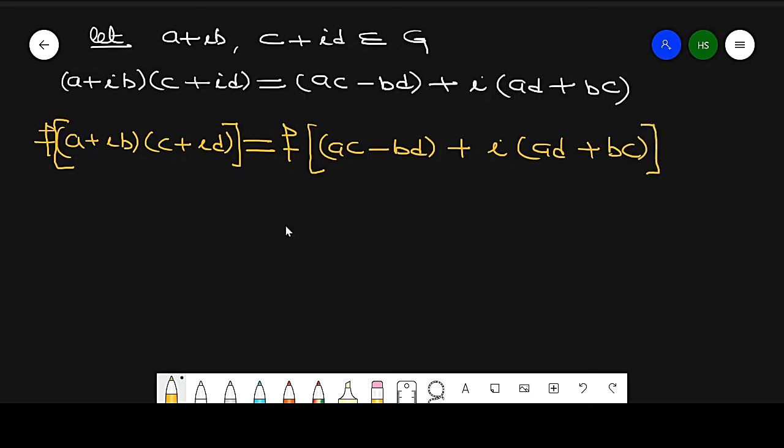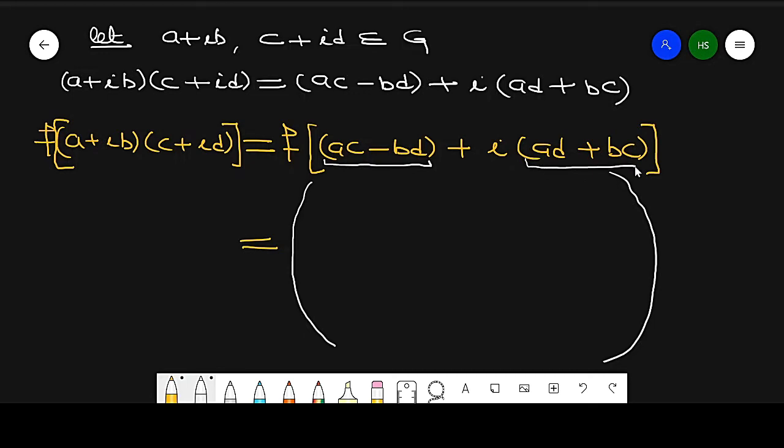Now write it in matrix form. This part is real and this part is imaginary.